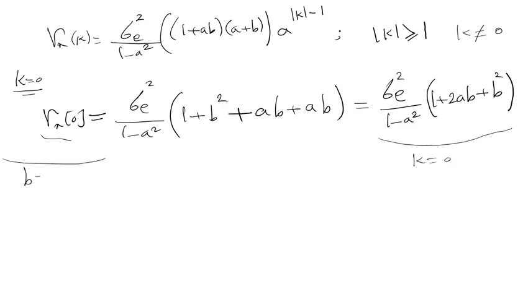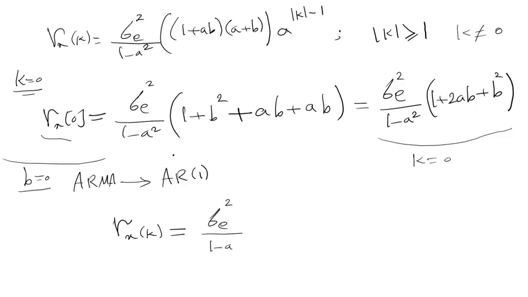If I put b equals to 0, ARMA changes to AR, and as you may see, if you put b equals to 0, the 0 lag is sigma squared over 1 minus a squared, and here if we put b equals 0, a times a to the minus 1, actually its multiplication is 1, and we have sigma squared e over 1 minus a squared times a power of absolute value of k.